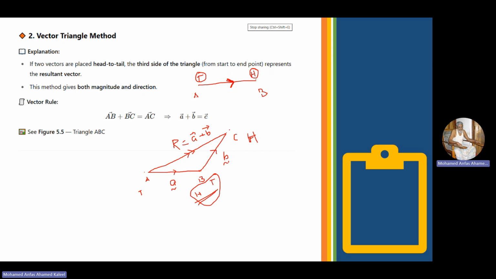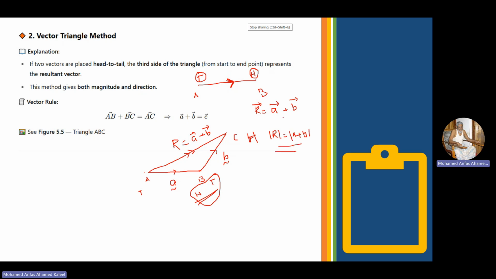It does not necessarily mean that the magnitude of R is A plus B.